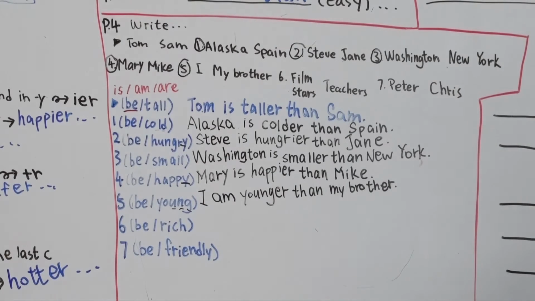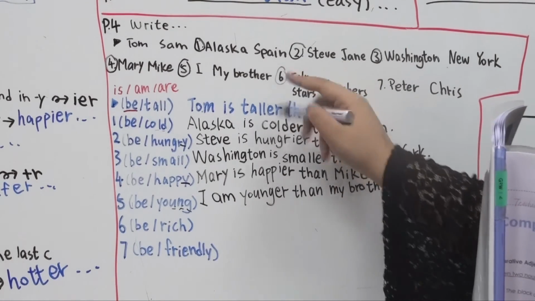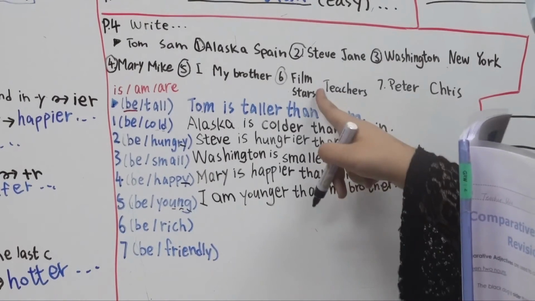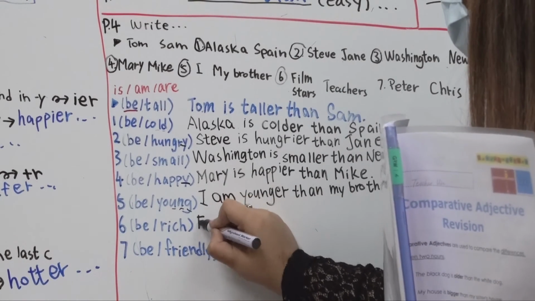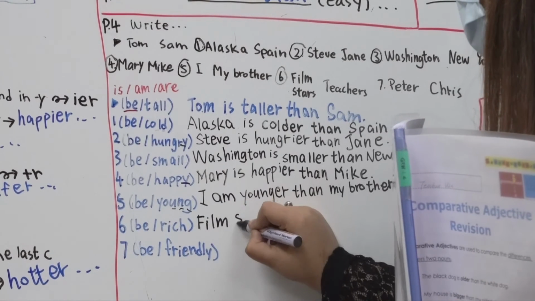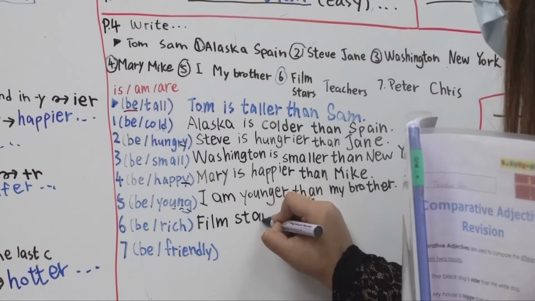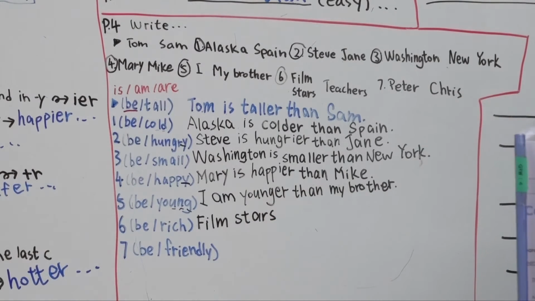Next one. Be rich. Number 6. Film stars, teacher. So, film stars. Please check your answers, okay? Film stars. First, for film stars we use is, am, or are.